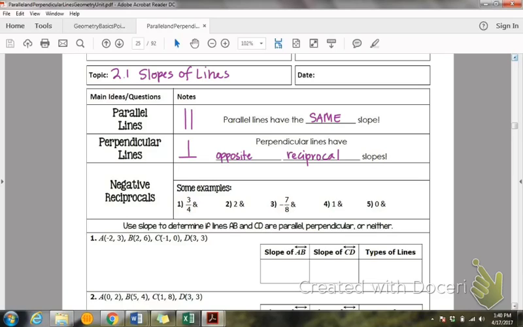So let's do some quick examples of negative reciprocals, or opposite reciprocals. If I give you 3/4, the negative reciprocal would be what? Chris? Negative, so we change the sign and we flip the fraction. Negative 4/3.